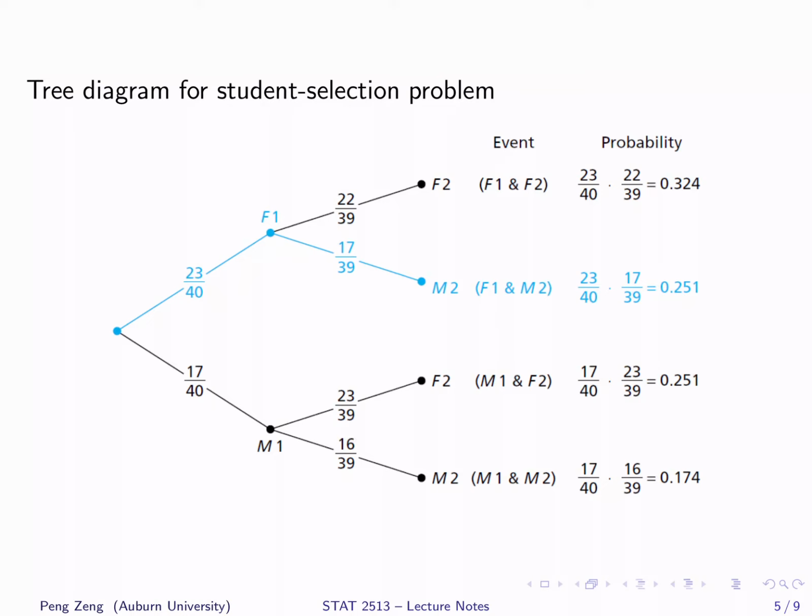Similarly, you can get the remaining scenarios when the first student selected is a male. This tree diagram is helpful if you are confused about how to calculate probability in such problems.